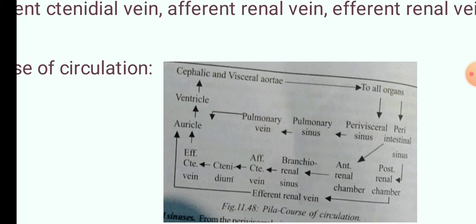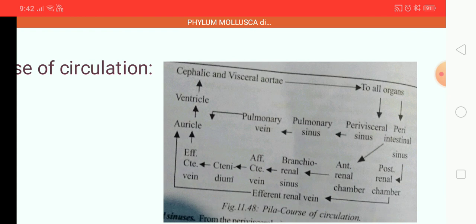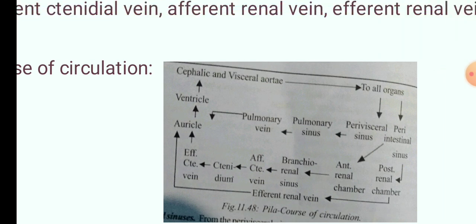First, in an aquatic medium, what happens? The perivisceral sinus moves to the anterior renal chamber, and from there it enters the branchiorenal sinus, and then through the afferent tenadial vein it passes into the tenadium.